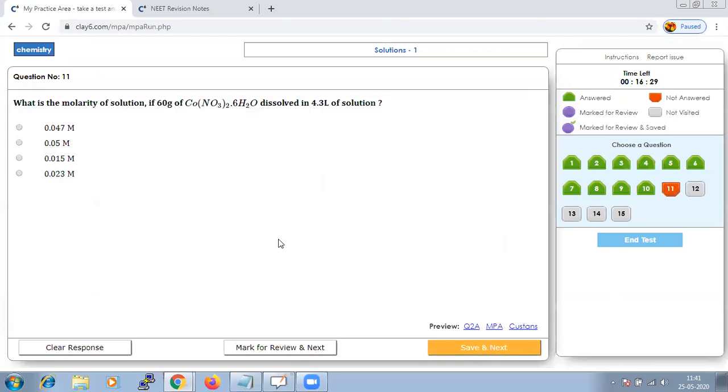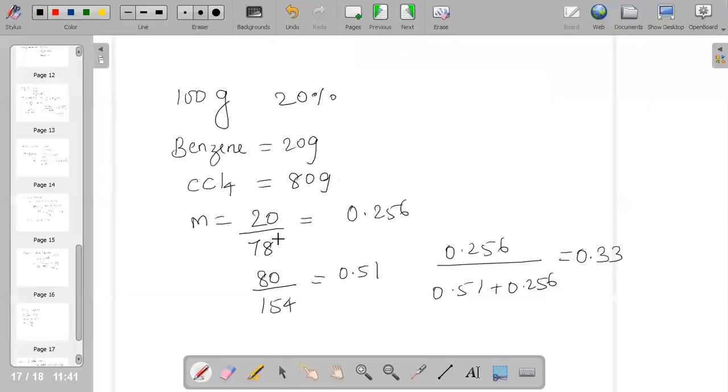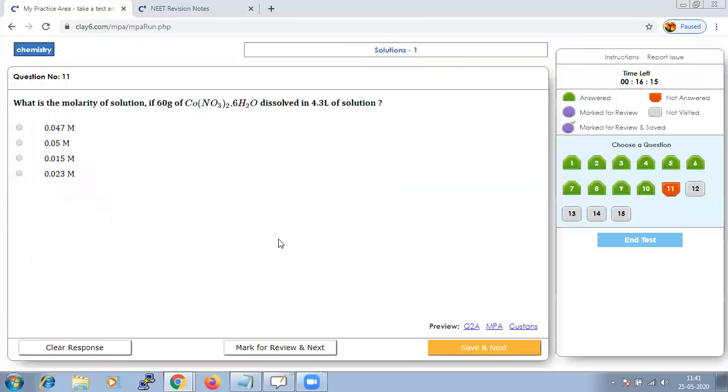What is the molarity of the solution if 60 gram of this is dissolved in 4.3 liter of solution? Again we have to calculate the molarity. Molarity is nothing but moles of the solute by volume of the solution.